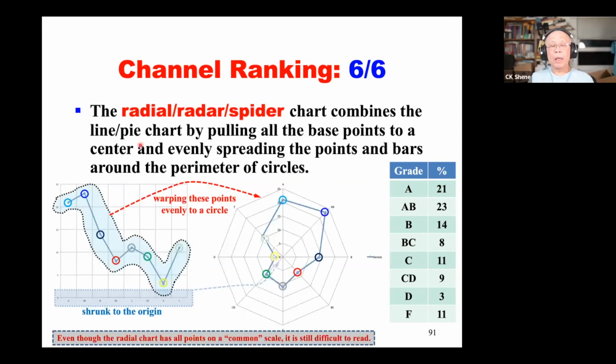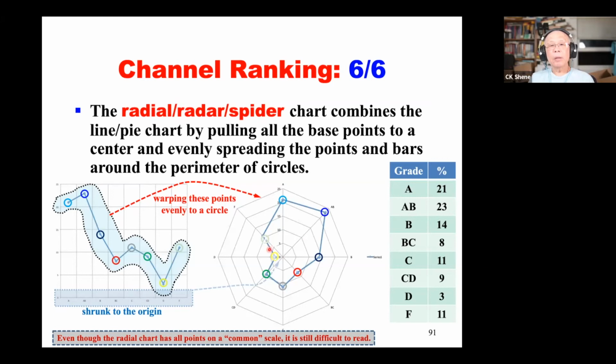There is a not so commonly seen graph called the radial, radar, or spider chart. It combines the line chart and pie chart by doing this. Here are the x-axis. We pull all the x-axis together to become a point, which is the origin of this radial chart.